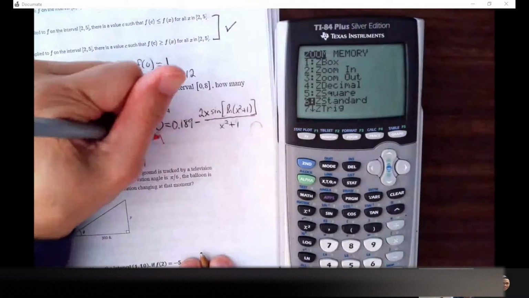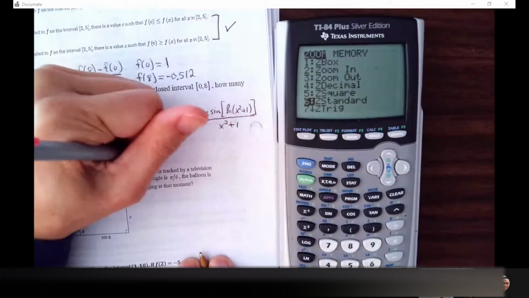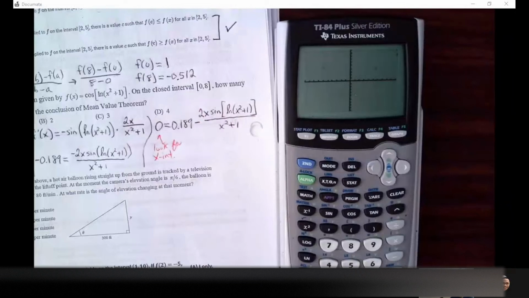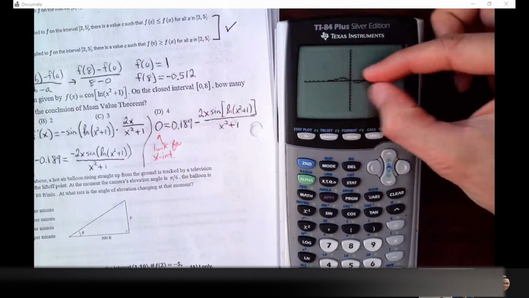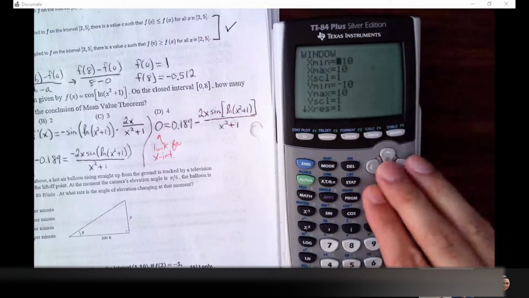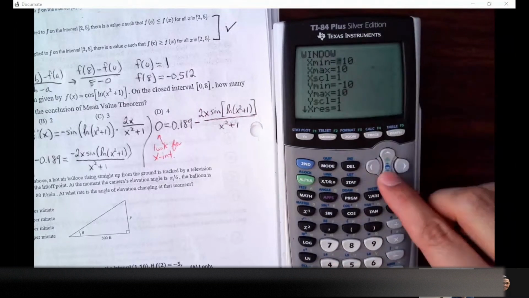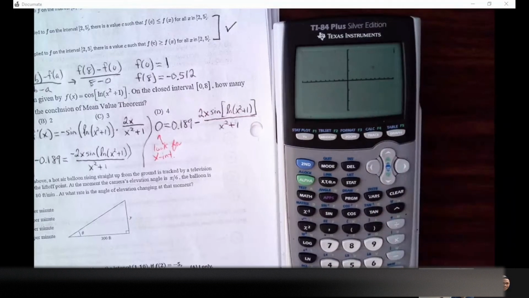Look for my x-intercept there. I'm going to adjust it so I can get a closer view. So in the window, I want my y value to not go as high as negative 10 to 10. I'm just going to make it go from negative 3 to 3, just so I can get a closer view of that x-intercept.